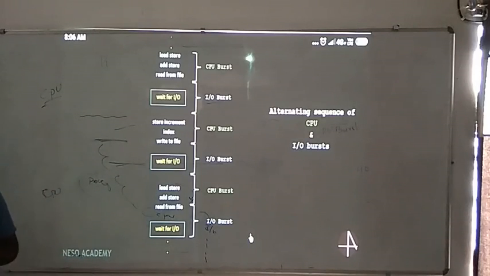Okay, but why are we doing this? Why is CPU scheduling very important? See, in a uniprocessor system, we have only one processor, so we will be executing only one process. But in the case of multi-programming, we try to have maximum CPU utilization. We will be putting one process or another in order to execute.